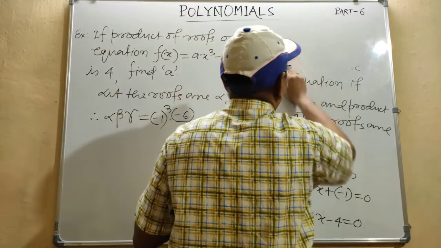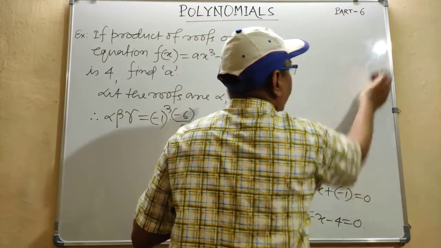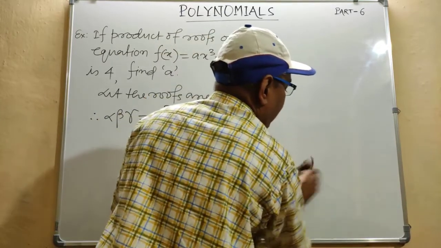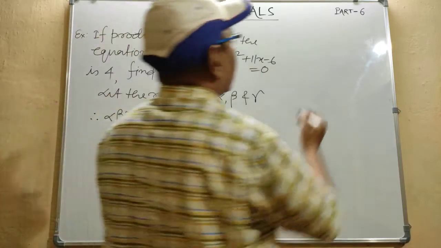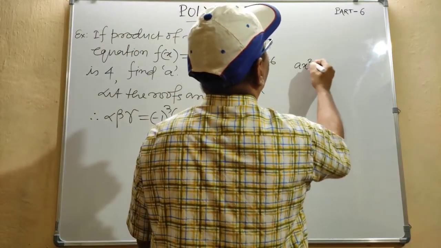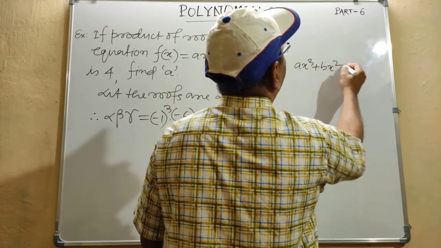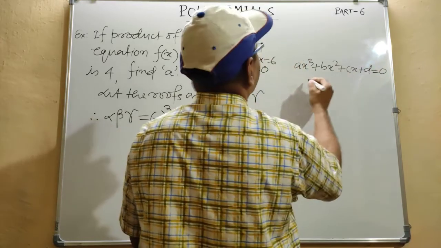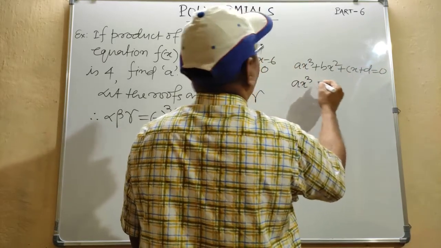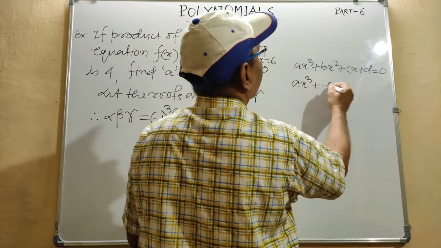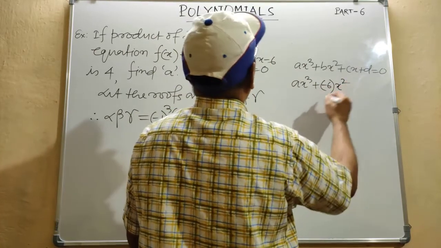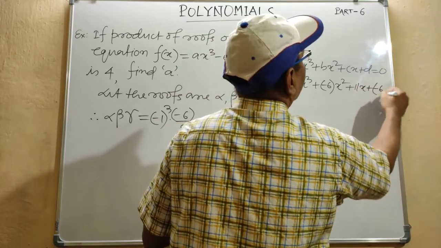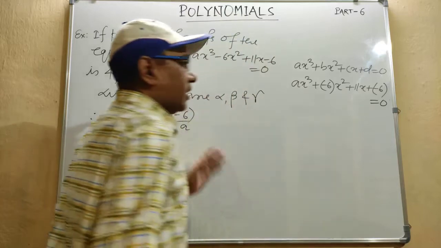Whenever we write a general cubic equation, we write it in this way: ax³ + bx² + cx + d = 0. Here it is ax³ − 6x² + 11x + (−6) = 0.